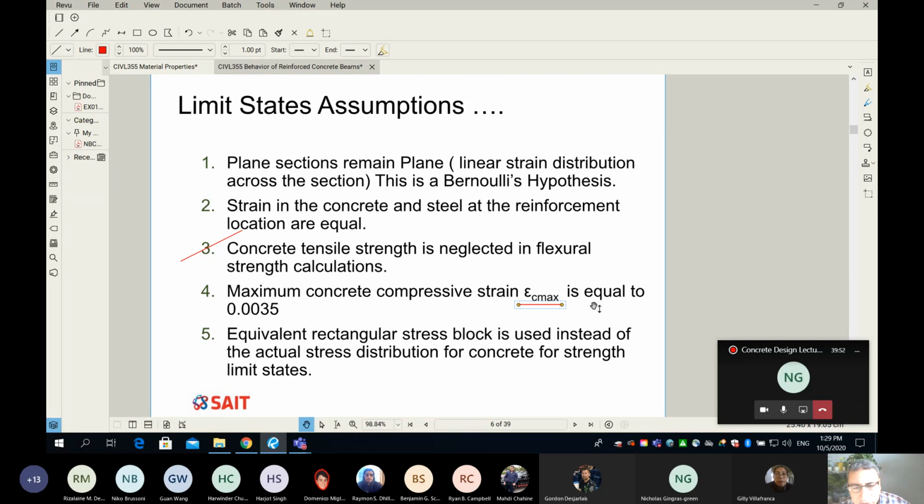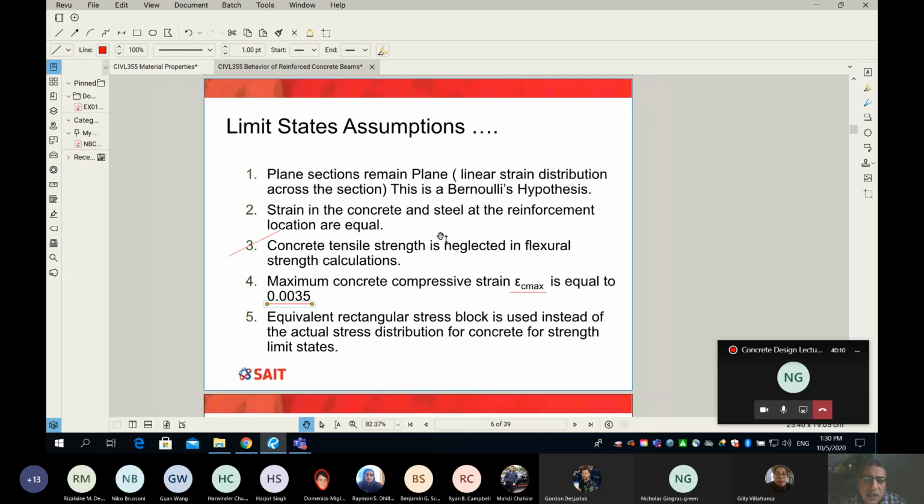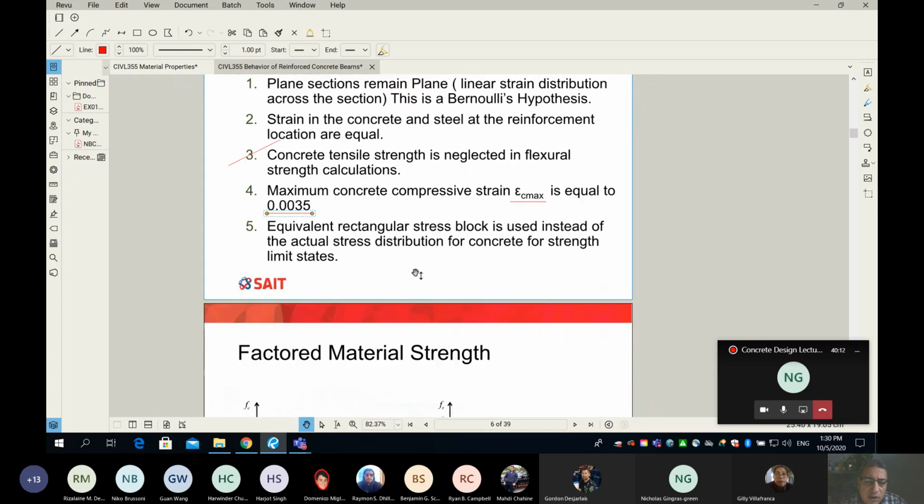And as I said before, this number is complicated. However, the code gives us this number. In our design, we're going to use this number as 3.5 per thousand, 0.0035. Okay, that's good for now. So let me move on to the next slide, and I'm going to come back to this number later on.